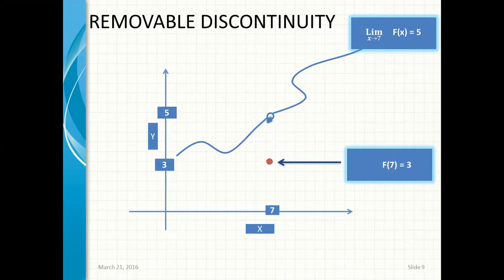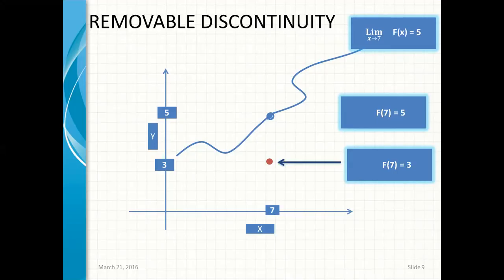Now supposing I create a situation wherein I fill this hole and shift this point up such that f(7) now becomes equal to 5. Earlier f(7) was equal to 3. Now by making some changes in the function, I made it f(7) equals 5.